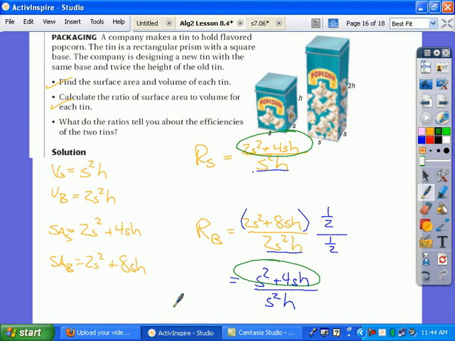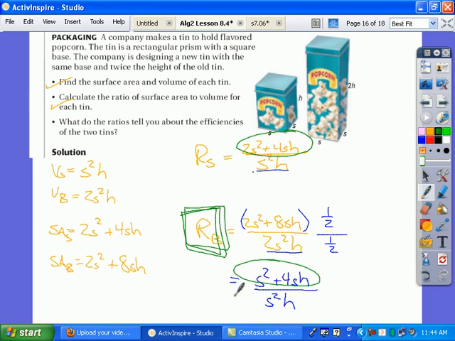So if I'm looking at this, I see, well, look, this has 4SH, this has 4SH, this has 2S squared, this only has a regular S squared. That means this number, R sub B, has got to be smaller by this factor of 2. All right, so this 2S squared makes R sub S bigger, so R sub B, the bigger tin, actually has more efficiency. Kind of an interesting result.